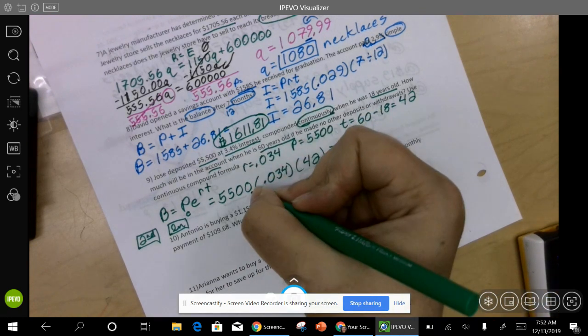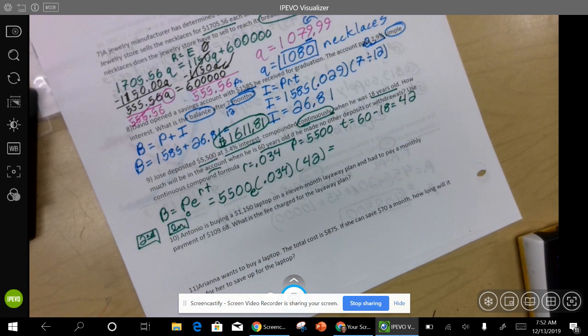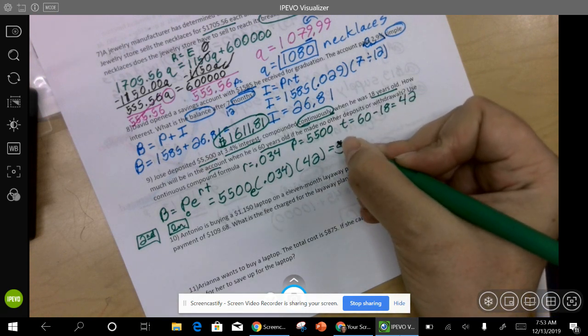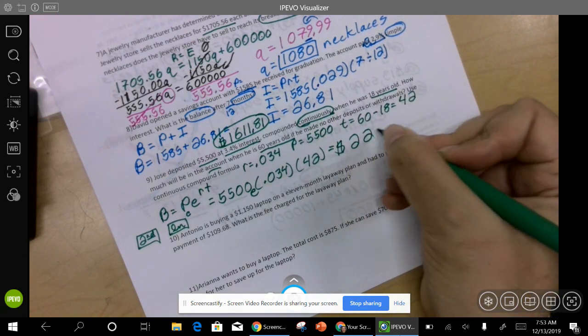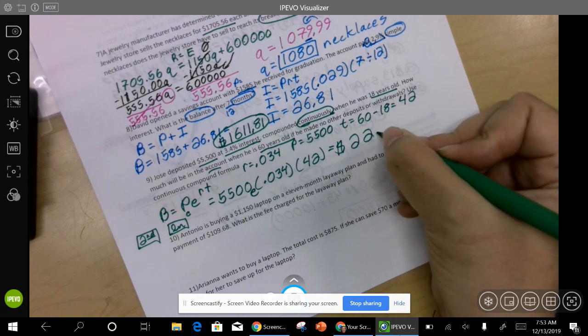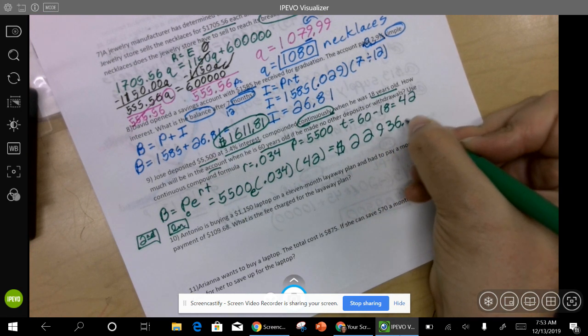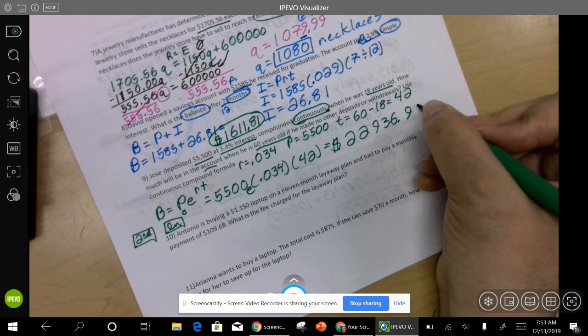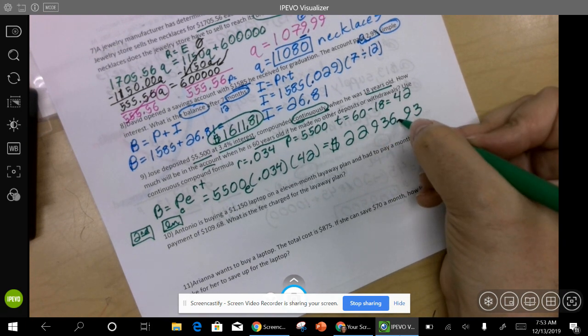Oh, I forgot the e. Everybody, the e would be right there. Okay, and I got $22,936.93. So remember, 5 and up, rounded up.